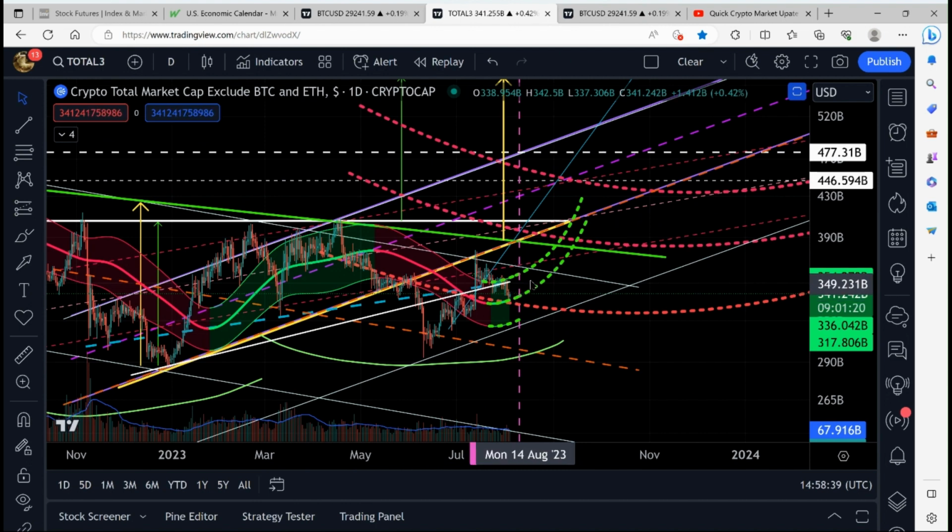I think we'll travel between the mean band and the top of the daily Gaussian channel up through the weekly, up through here. We'll find this. You know what? I'm going to run out of time, so I'll get into this on my next video.